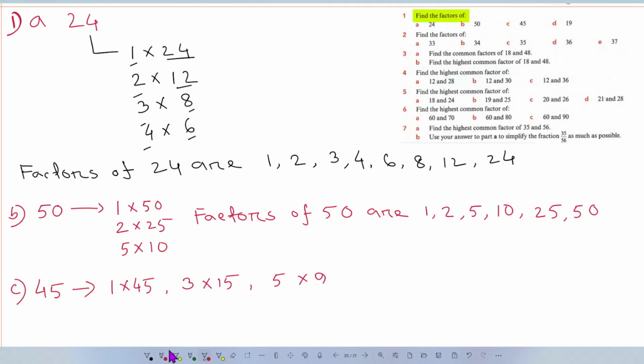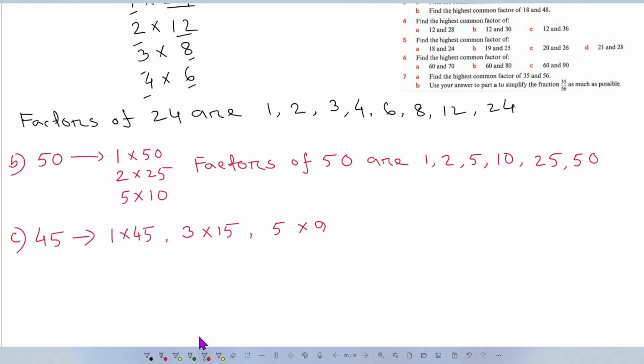That's enough. So we can write factors of 45 are 1, 3, 5, 9, 15 and then 45. Okay.